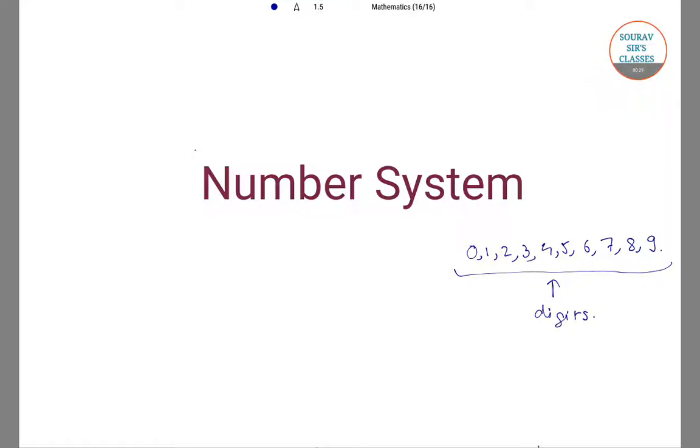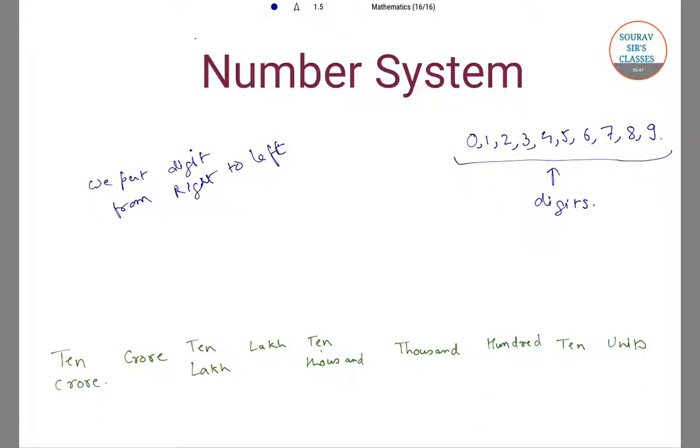That is, to write a number, we put digits from right to left at places designated as units, tens, hundreds, thousands, 10,000, lakh, 10 lakh, crore, and 10 crore.